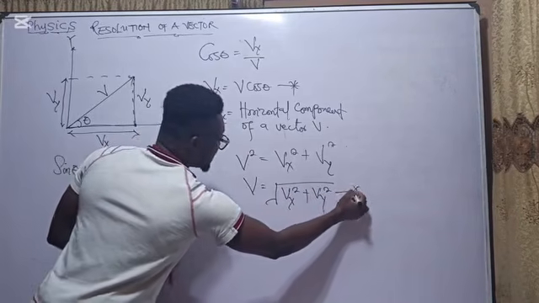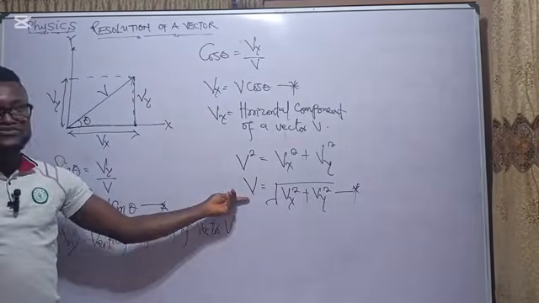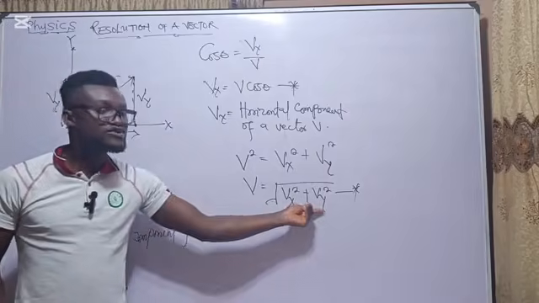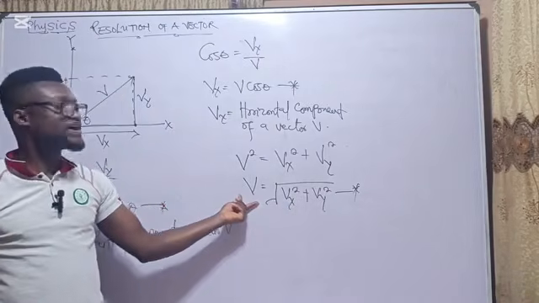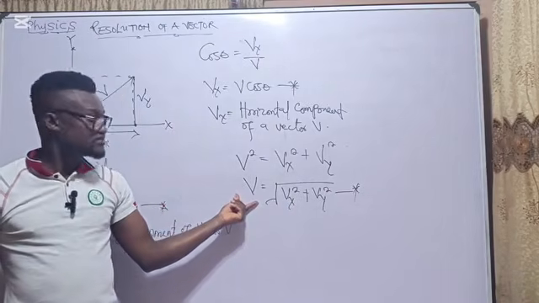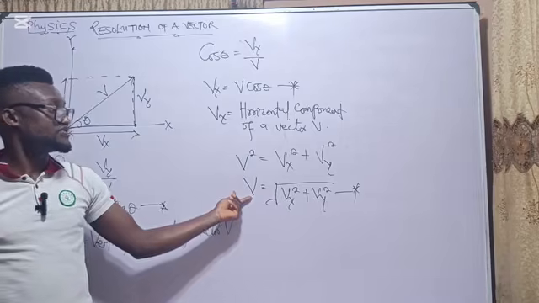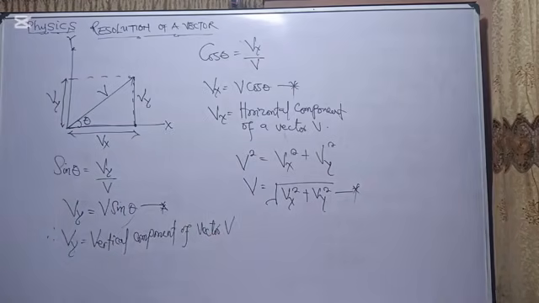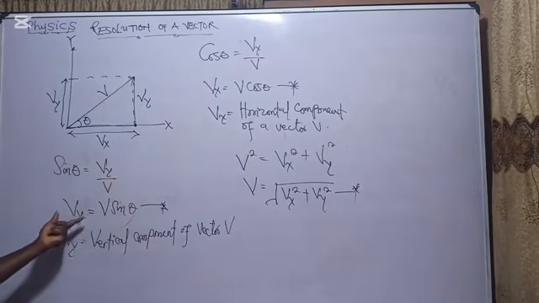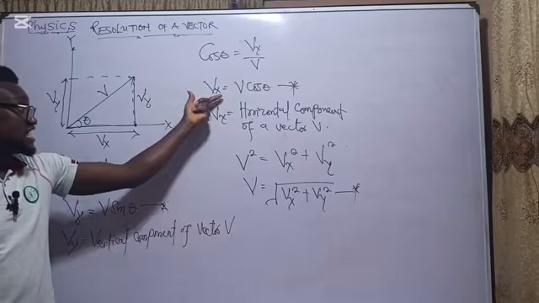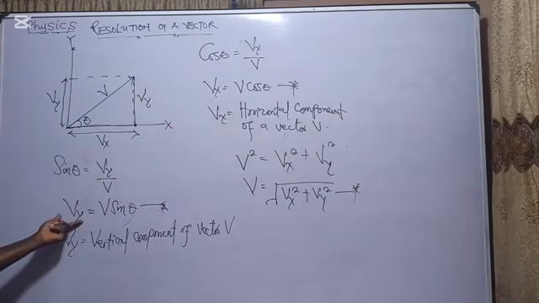So you see, you are getting back that single vector. So if component vectors are given, for you to find a single vector, which is the resultant of both of them, then you use this very formula. But if you are to find the component of each of the vectors, you use the two formulas here, while here is along the horizontal, here is along the vertical.